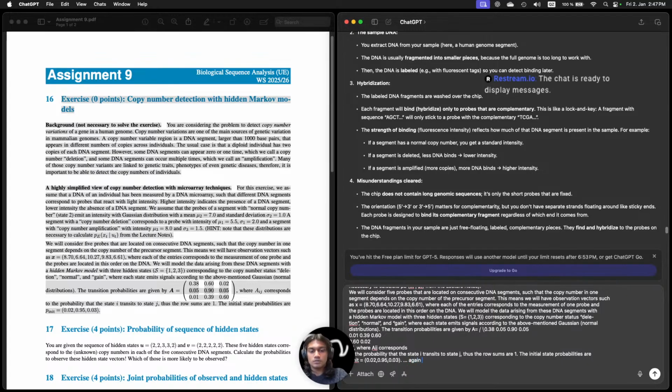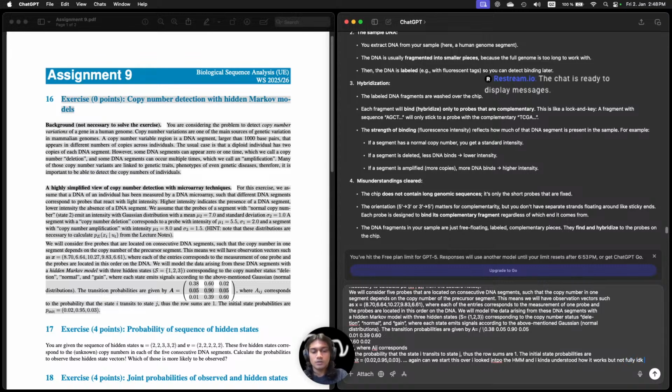Again, can we start this over? I looked into the HMM and I kind of understood how it works, but not fully.